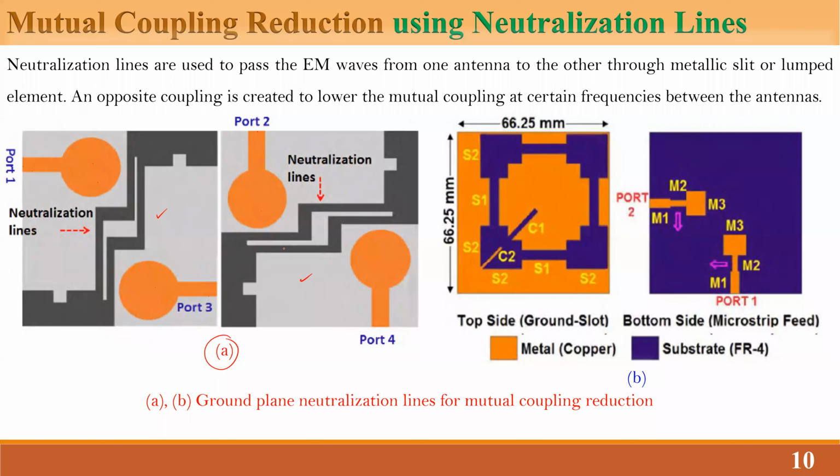Now the partial ground plane they are using has some very small rectangular slits or slots introduced just to improve the bandwidth.